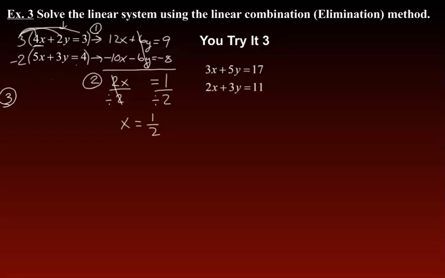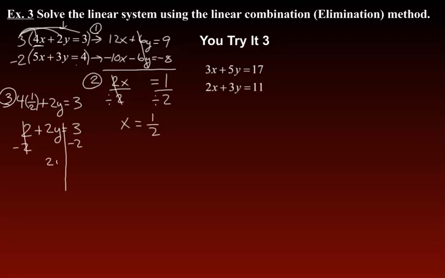So I want easy, so I'm going to take 4 times 1/2 plus 2y equals 3. Half of 4, hopefully you said 2 in your head, and we bring the rest of the equation down. Now we want to solve this, so we've got to get the 2 to the other side. So we subtract 2 so they cancel.